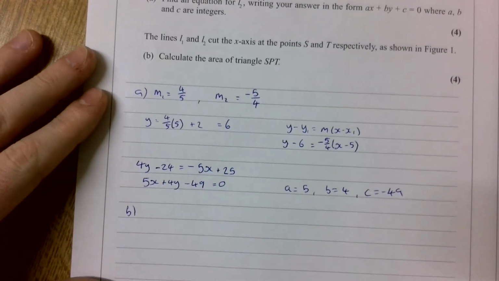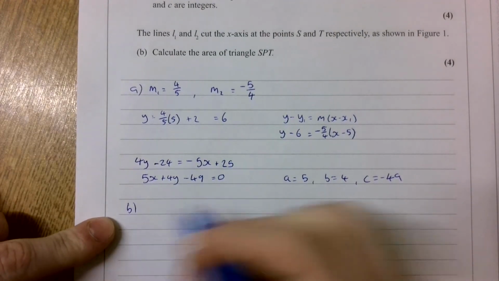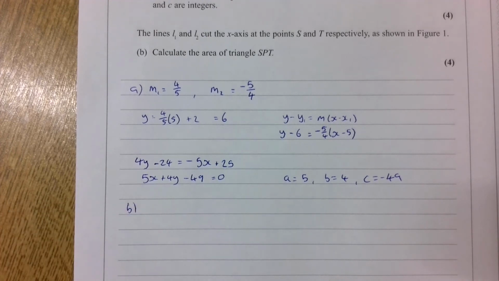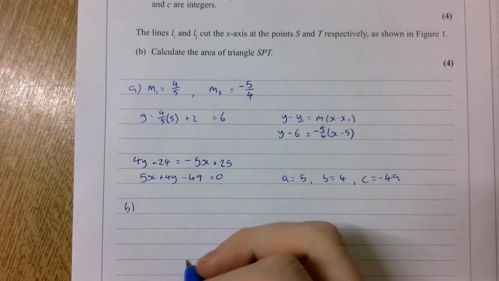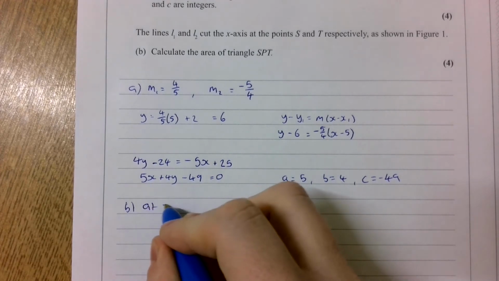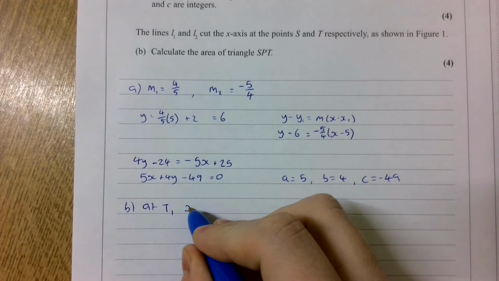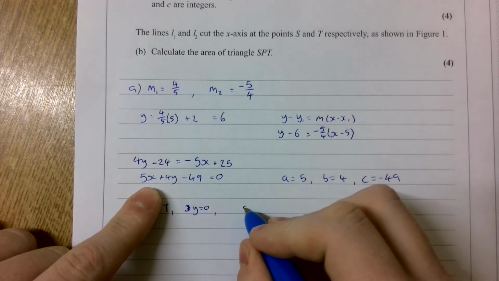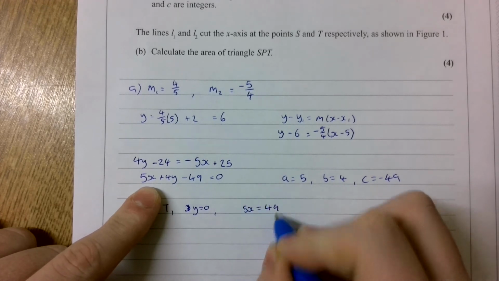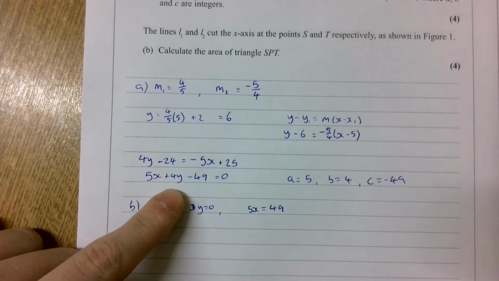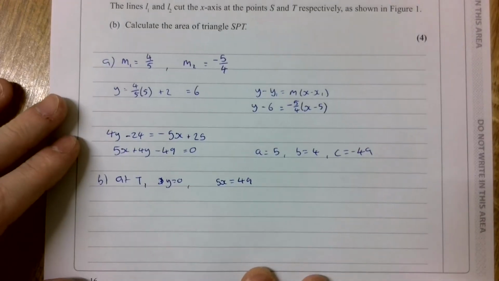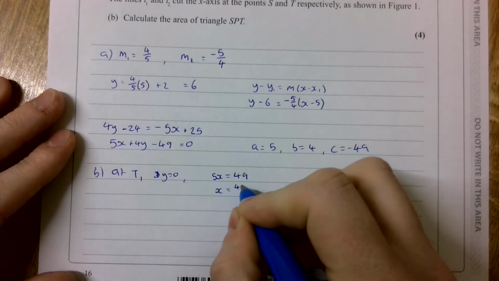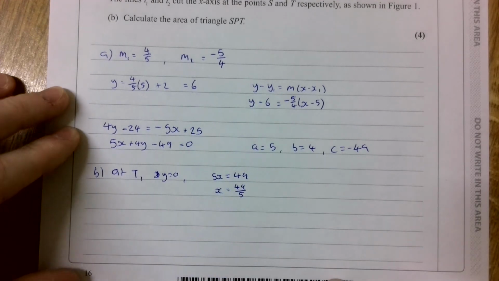Now for line 2, I'm going to come down here and use this one. I'm going to do the same thing. I'm going to substitute in y equals 0 because we're still on the x-axis. So at T we have y equals 0, so 5x equals 49, just putting y equals 0 into here and adding, therefore x equals 49 over 5.